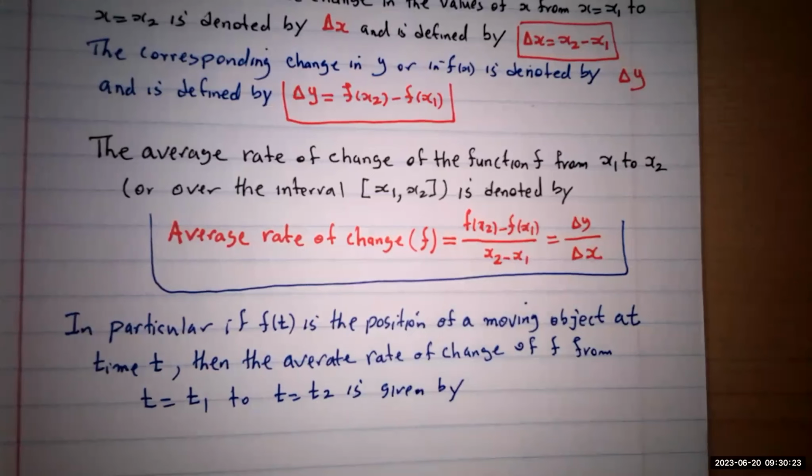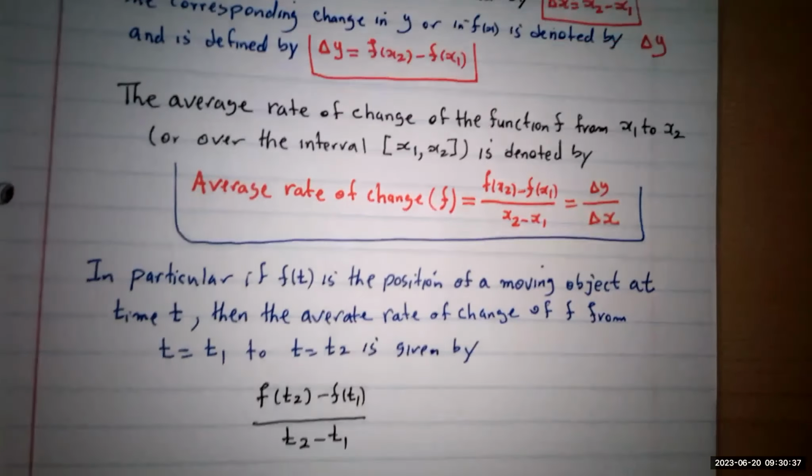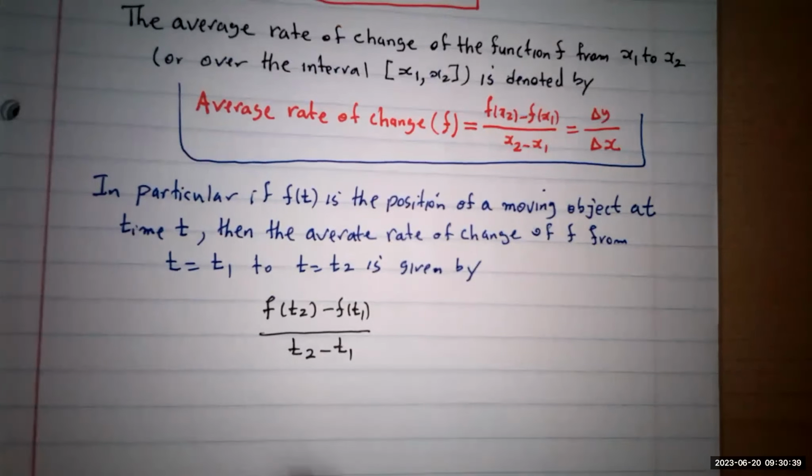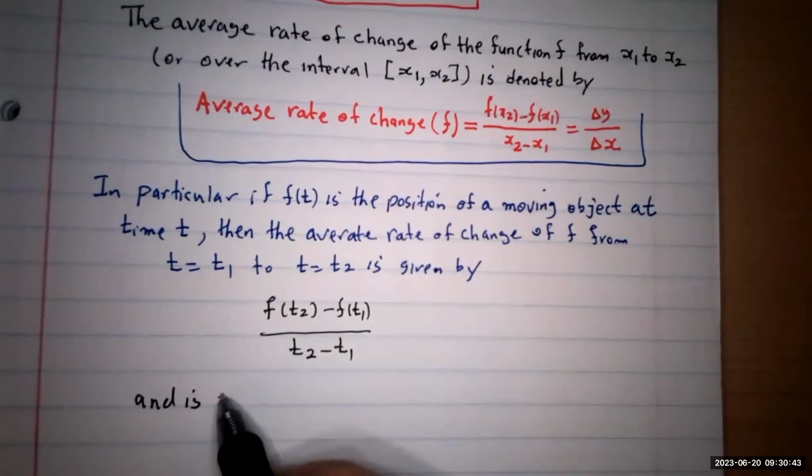Our formula would be expressed in terms of t. So it's going to be f of t2 minus f of t1 over t2 minus t1. And in this case, it's going to be called average velocity. Okay, you must know it.